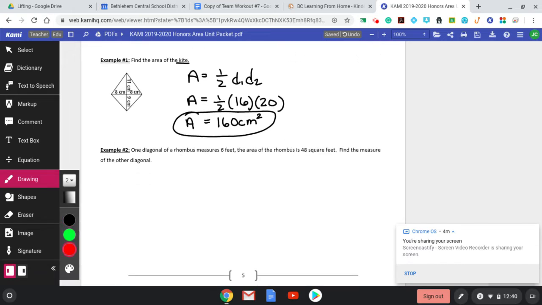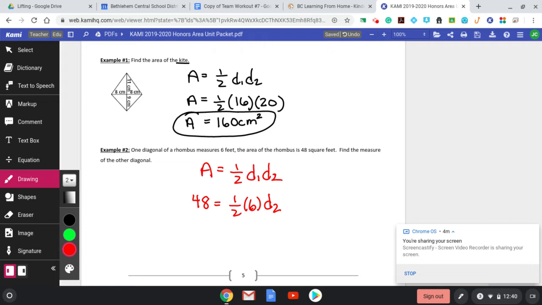Next one. One diagonal of a rhombus is 6. The area is 48. Find the measure of the other. All right. So we're talking about area of a rhombus, which is still 1/2 d1 d2. They tell me one diagonal measures 6, so I'm going to go 1/2 times 6. The area is 48, so I'll plug that in for A, and we're looking for the second diagonal. And you could plug an X in there if you wanted to.